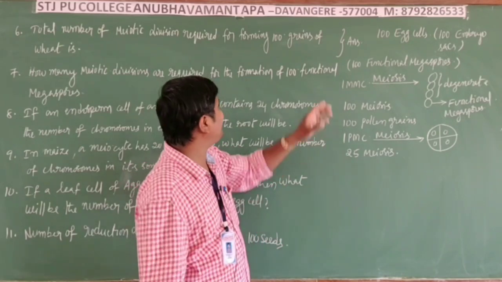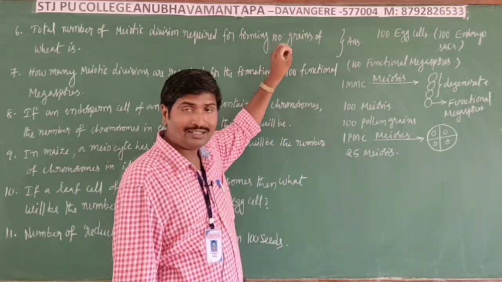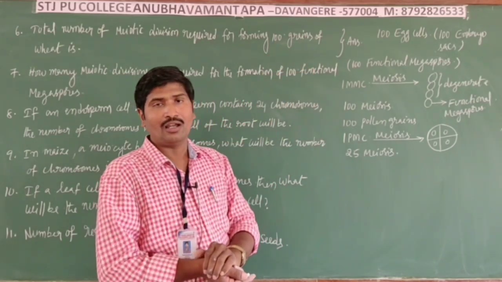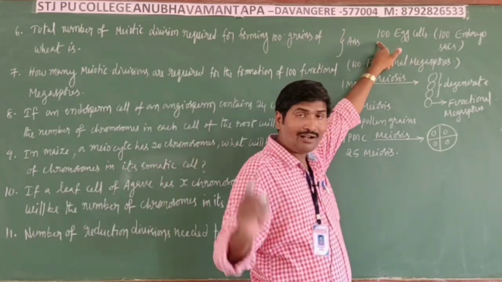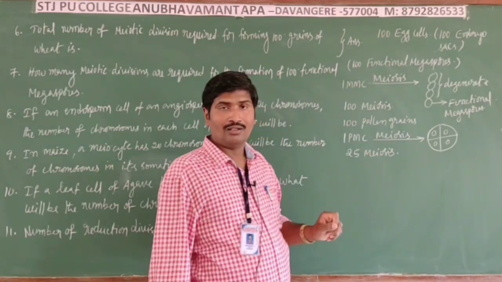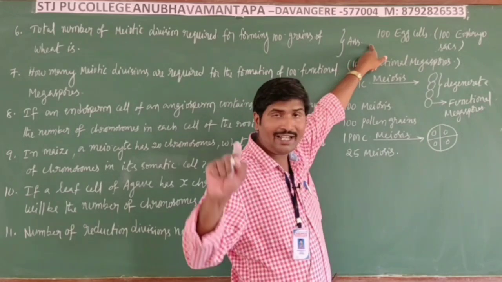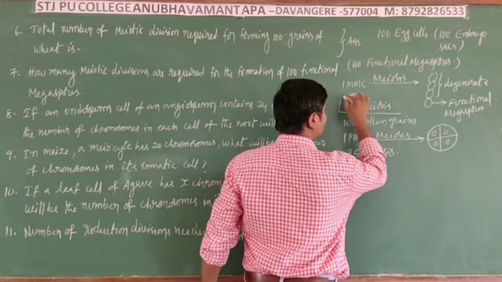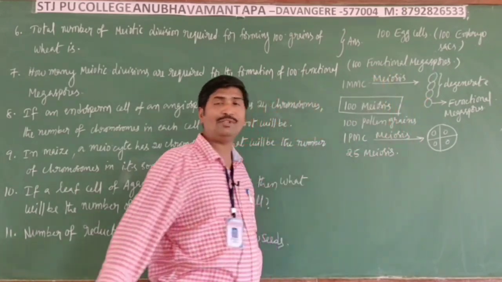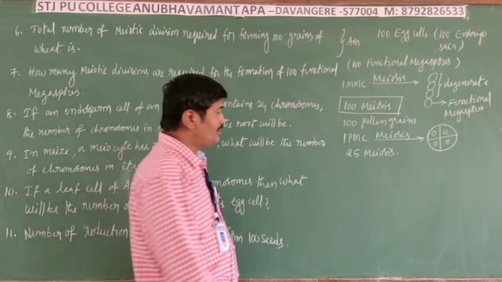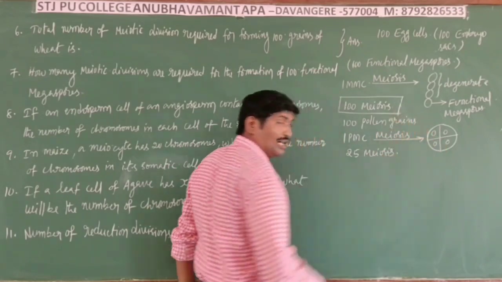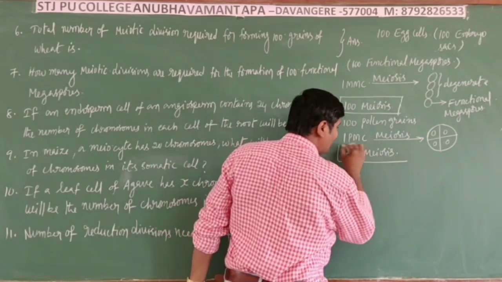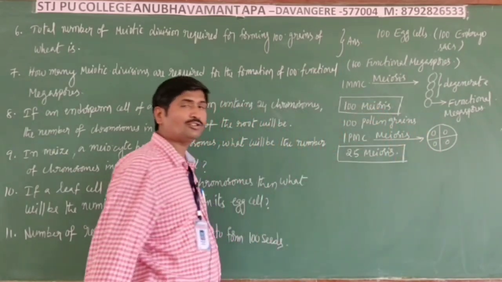So finally, for the development of 100 grains, how many egg cells are required? 100. For the formation of 100 egg cells, how many meiosis divisions are required? 100 meiosis. For the formation of 100 pollen grains, how many meiosis divisions are required? Total 25.